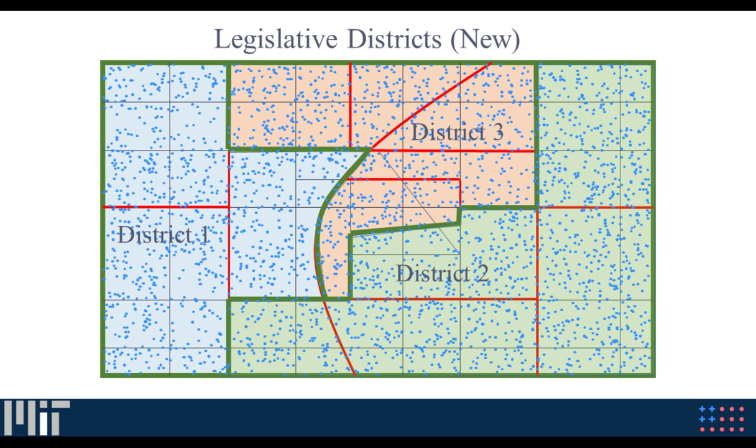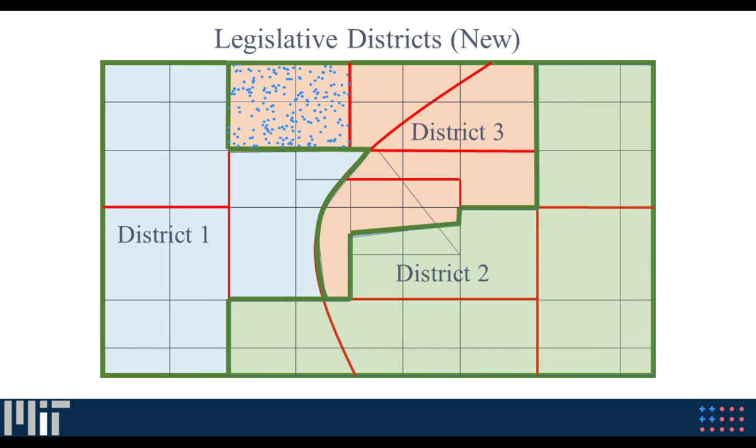But there are people in these geographies that ultimately we need to worry about. And in this case, on this little toy case, we have one precinct of voters who used to be in District 1 and now are in District 3.